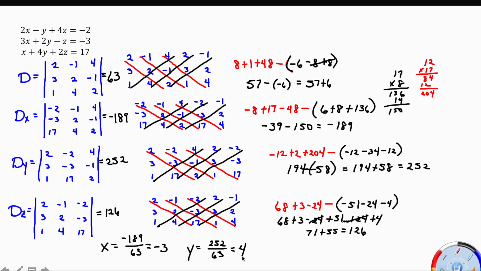Yeah, 4. And z is d sub z over d, or 2. So there's our solution. Negative 3, 4, 2. X, Y, Z. Found using Cramer's rule.